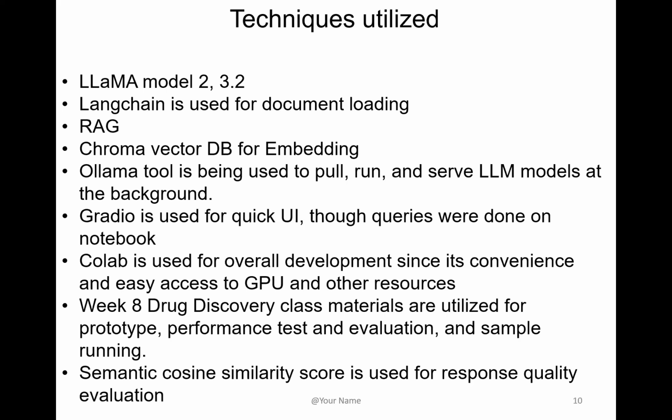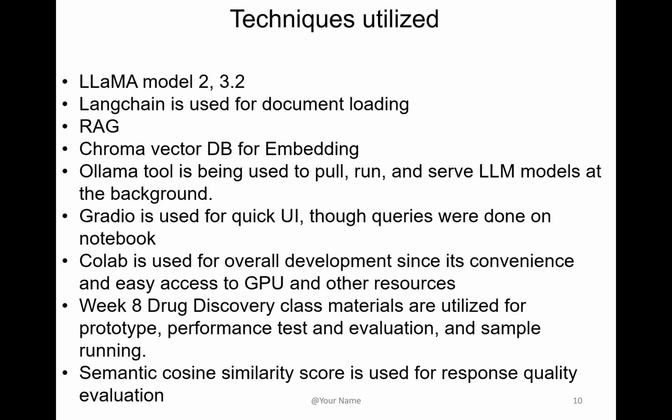The techniques used included these large language models as well as tools like LangChain and Chroma vector DBs. We use Ollama to pull and run all these large language models as a service in the background.